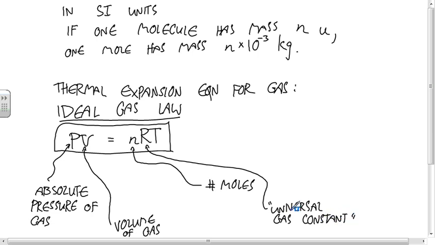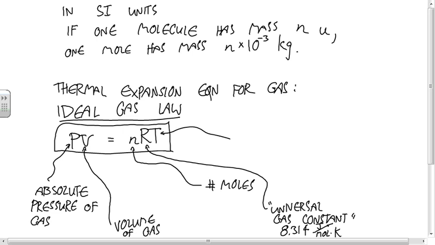You can think of that as the constant of proportionality, like that's the gas's version of the coefficient of thermal expansion. Let me give you the universal gas constant. The value is 8.314, and the units are joules over moles times Kelvin.